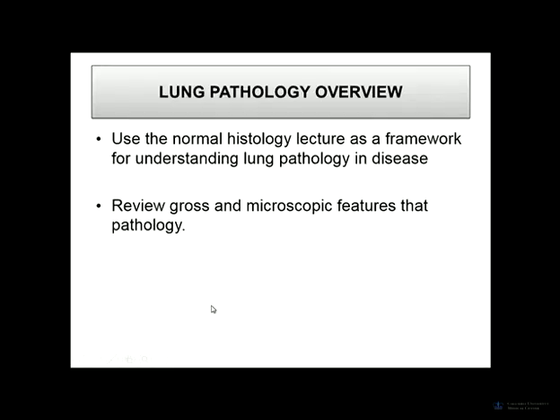So the main goal: in the prior lecture, we took you down the airway, and then we discussed some other things, vessels, etc. And we're going to follow a very similar pathway here, except we're going to talk about the dysfunction of those cells and those structures that we discussed in the first lecture as normal structures.